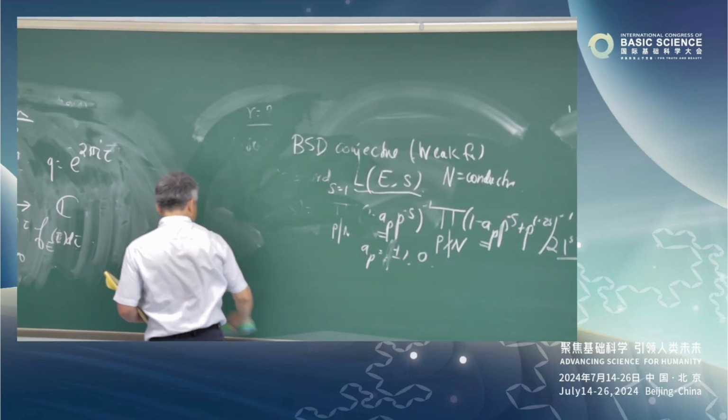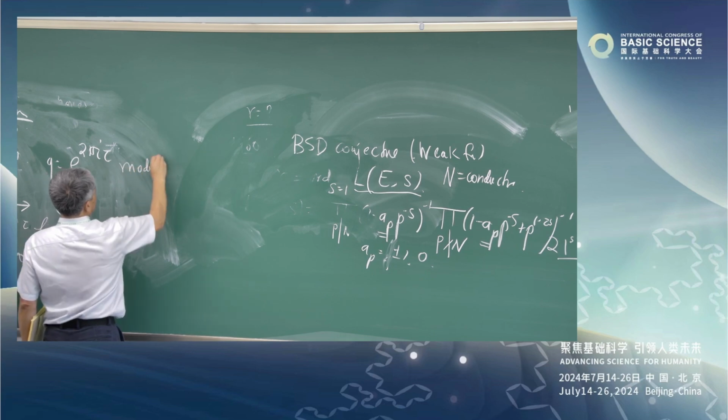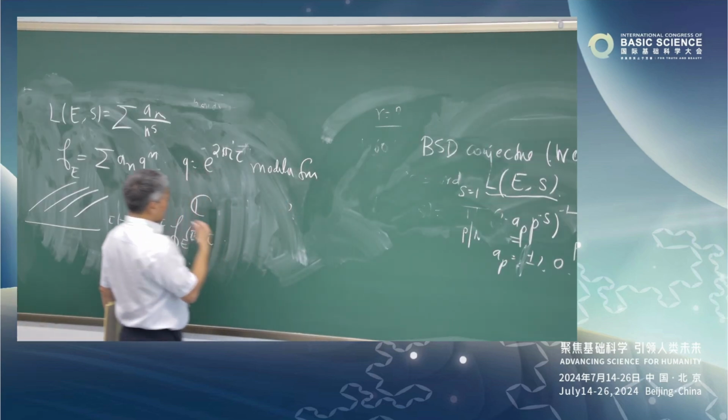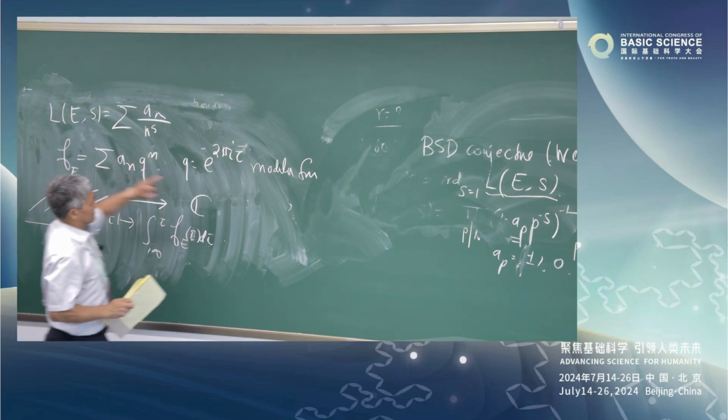Of course this is the modular form. When Gross-Zagier proved the theorem they assumed this E is modular. I mean this is a modular form.